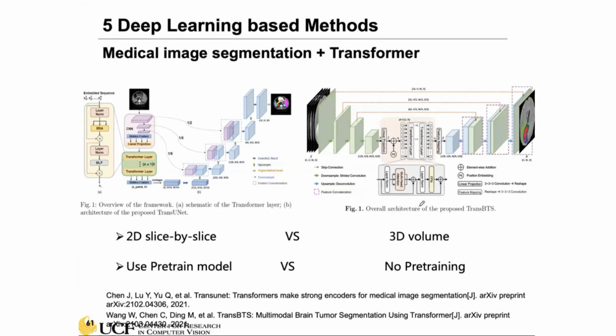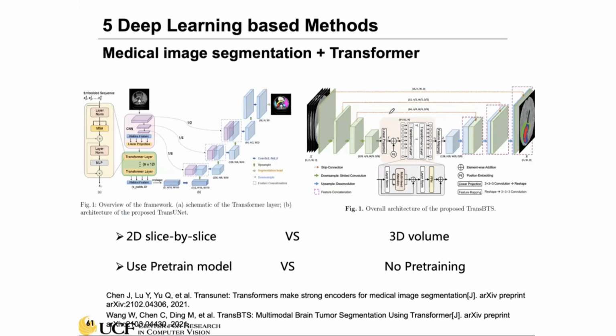But for the volumetric approach, this TransBTS, there's no large-scale pre-trained model, at least we don't have this kind of volumetric data in natural images. One possibility is we could use a video model, maybe a 3D CNN trained on video classification or video action recognition.